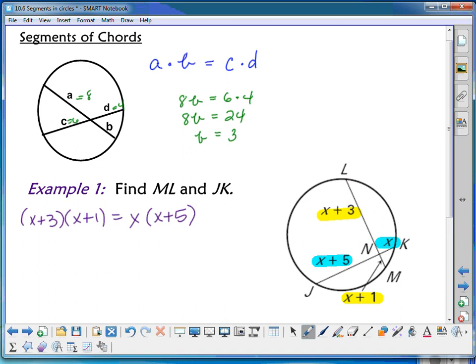So if I go ahead and do the multiplication, I get x times x is x squared, x times 1 is x, 3 times x is 3x, and 3 times 1 is 3. And on the other side, x times x is x squared, and x times 5 is 5x.